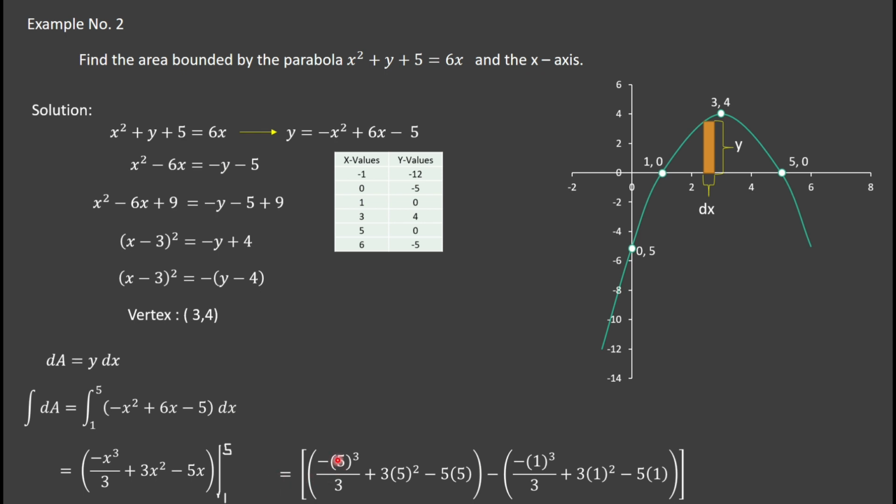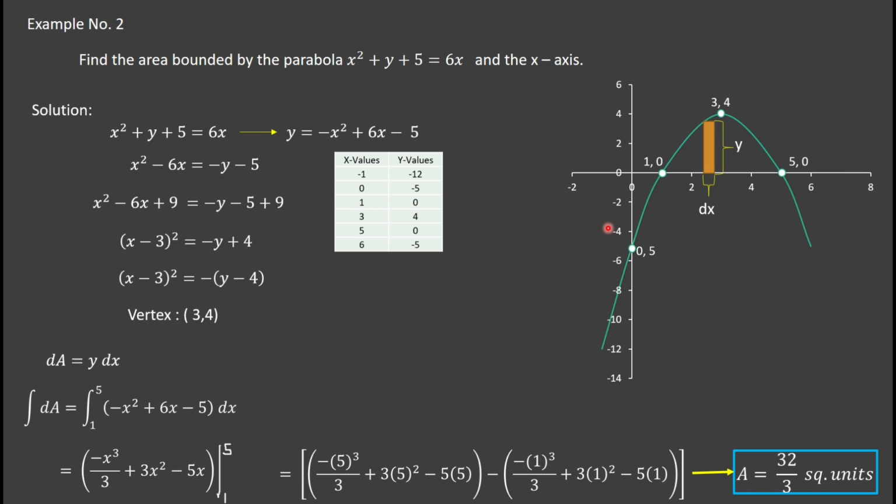So we have negative 5 to the power 3 over 3 plus 3 times the quantity of 5 squared minus 5 times 5, then minus the quantity of negative 1 to the power 3 over 3 plus 3 times 1, then minus 5 times 1. So the area here is equal to 32 over 3 square units.